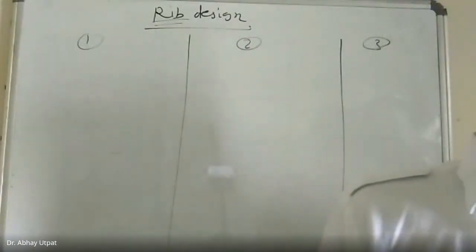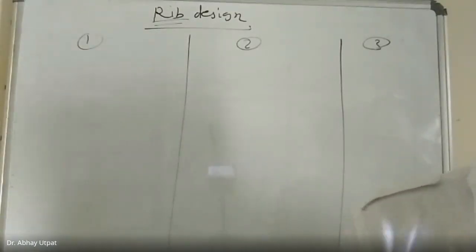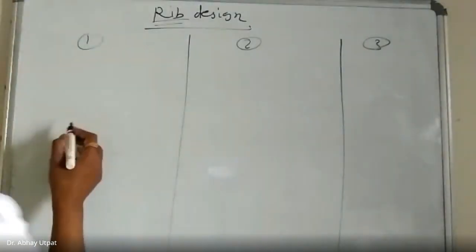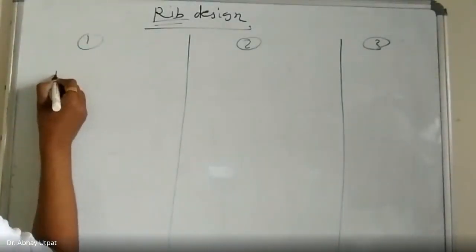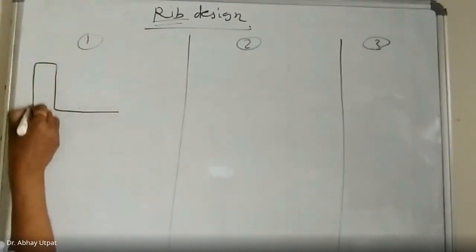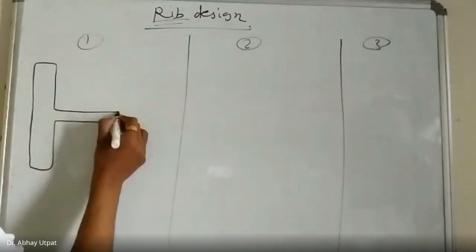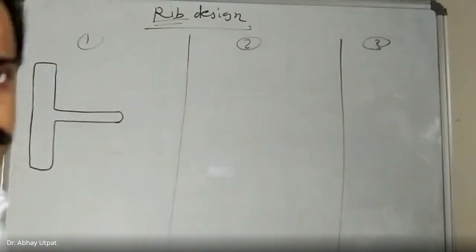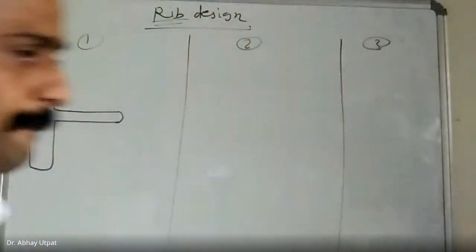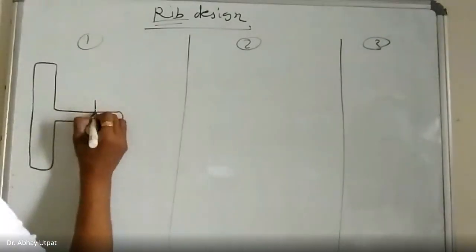Rib thickness should be less than wall thickness, and it is recommended around 60 to 80% of wall thickness.